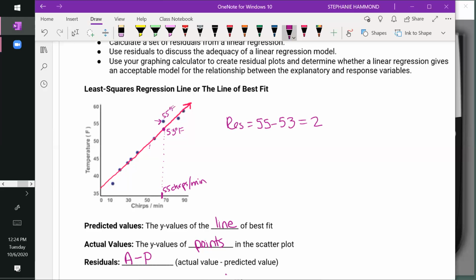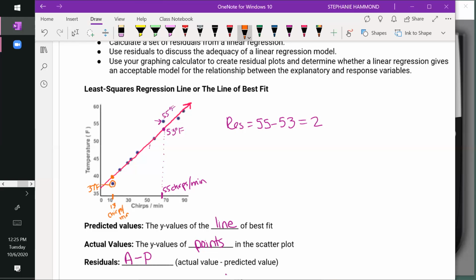On the other hand, if I come over here to, say, this section here where that's about maybe 13 chirps per minute. At that point, I can see I have an actual value around maybe 37 degrees Fahrenheit. And my predicted value is different.